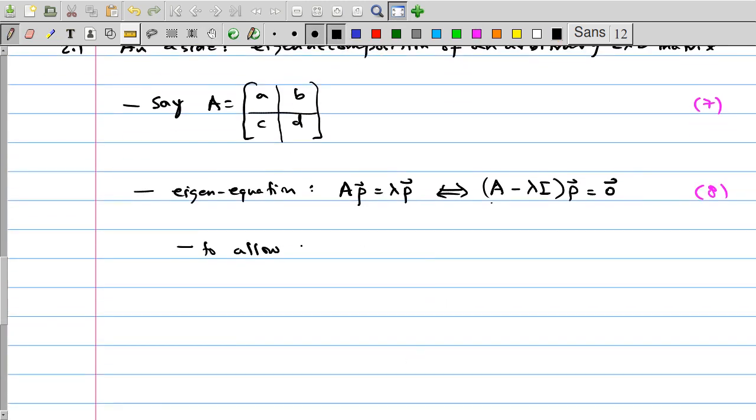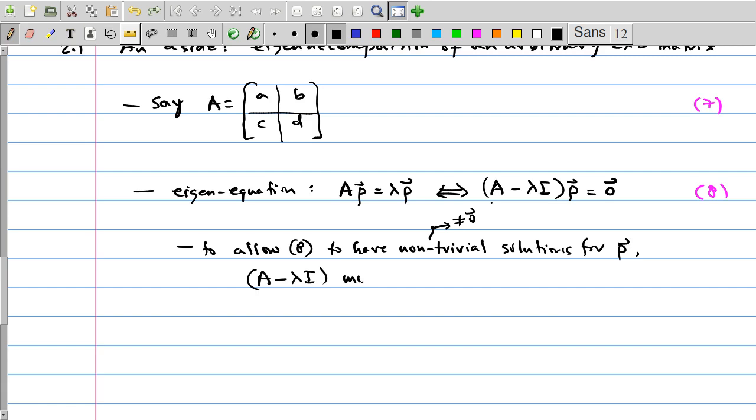To allow 8 to have non-trivial solutions, which basically means non-zero, not equal to 0, non-trivial solutions for P, A minus lambda I must be rank deficient.